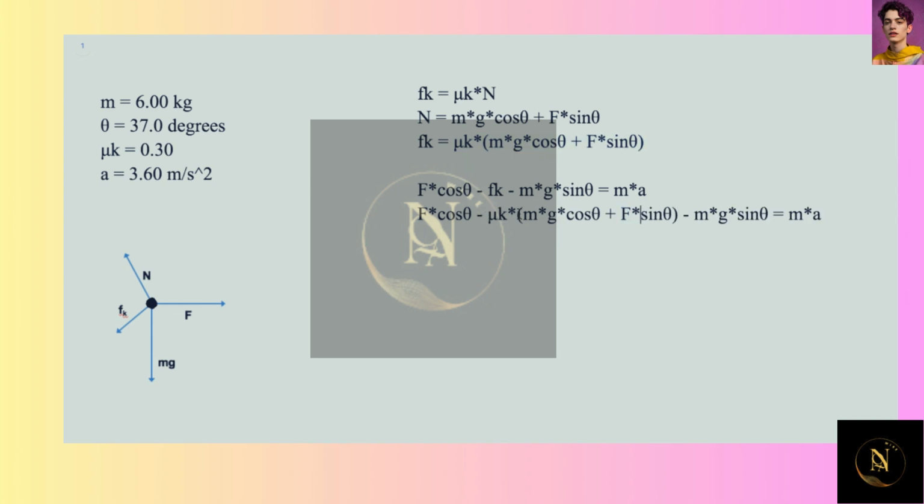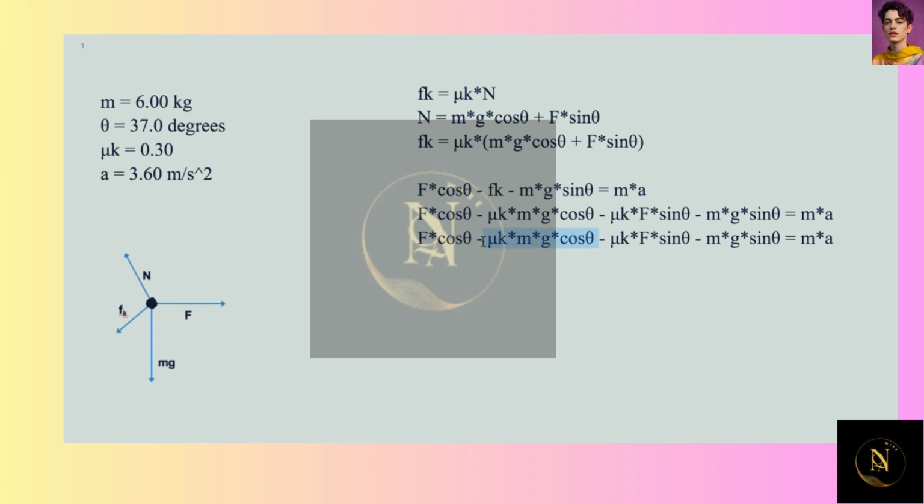And to simplify this, let's first distribute out this factor of mu k. So that's going to give us a minus mu k up front here. And now we can group the like terms together. So we want to get F on its own. So let's move all the other terms to the right side. So I'm going to add this to the right side.